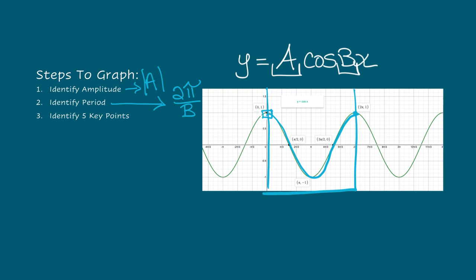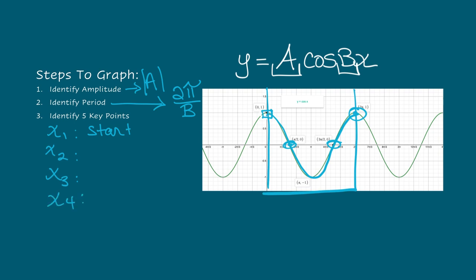And then we're going to identify those 5 key points, which is our starting point, the next point of where we go through that x-axis. So our third point, which is where we go next, is going to be a minimum point. So we have our start, and then we have 2 zeros here, a minimum point and a maximum point to be our 5 key points.